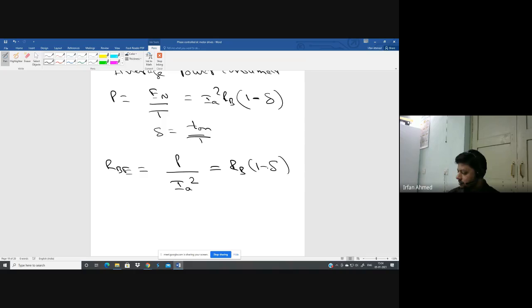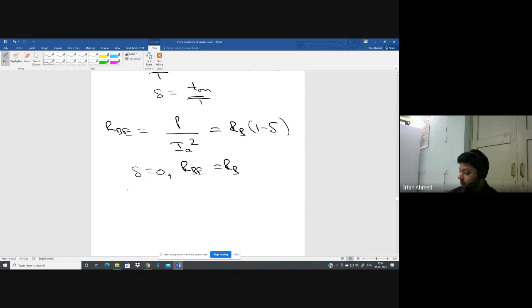Okay, so if del is equal to 0, then RB effective will be equal to RB, because your transistor is never turning on. And if del is equal to 1, that means T on is equal to T. So your transistor is always on, so your RB effective will be equal to 0.